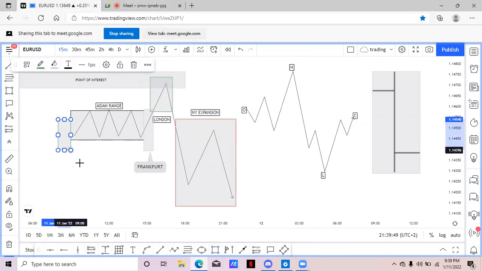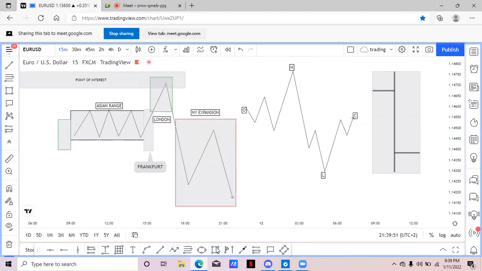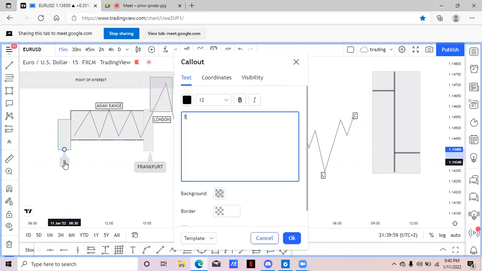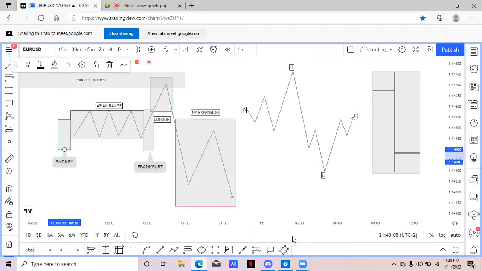We have the Sydney session. You get a point. But these two sessions, Frankfurt and Sydney, they're not really important. You get a point. They're not really important.